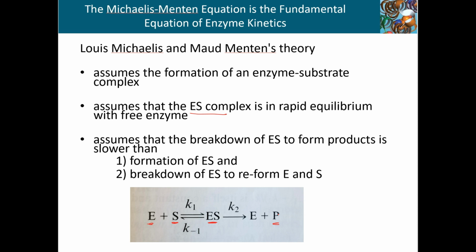So what happens is an enzyme and substrate combine reversibly to form the enzyme-substrate complex. This combination of the enzyme and substrate to form the ES is k1. This is our forward equilibrium, our first one.